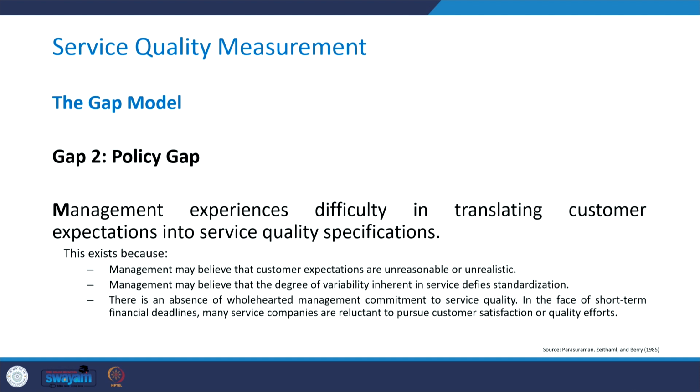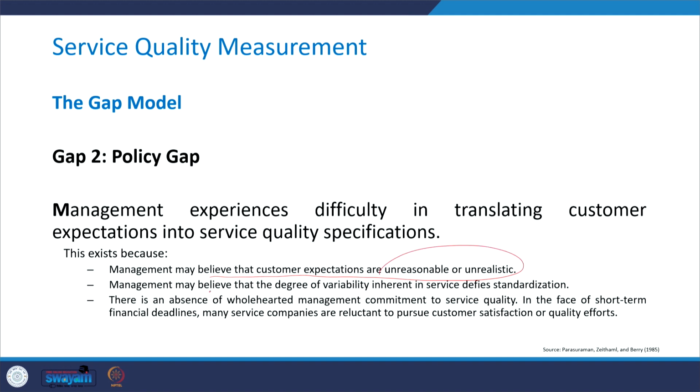The second type of gap is called the policy gap. Here, management experiences difficulty in translating customer expectations into service quality specifications. This exists for multiple reasons. Number one, management may believe that customer expectations are unreasonable or even unrealistic to meet.